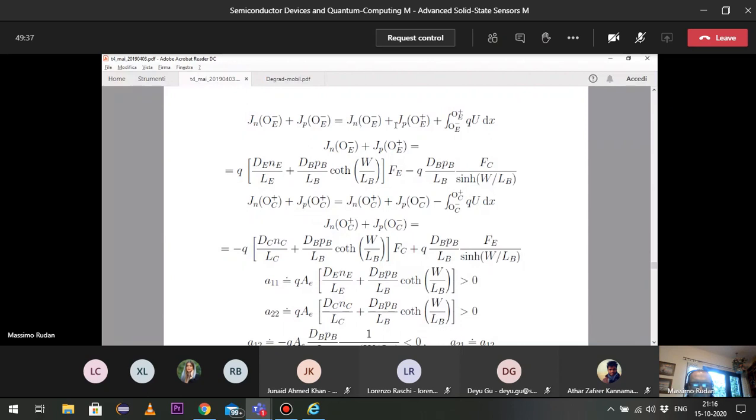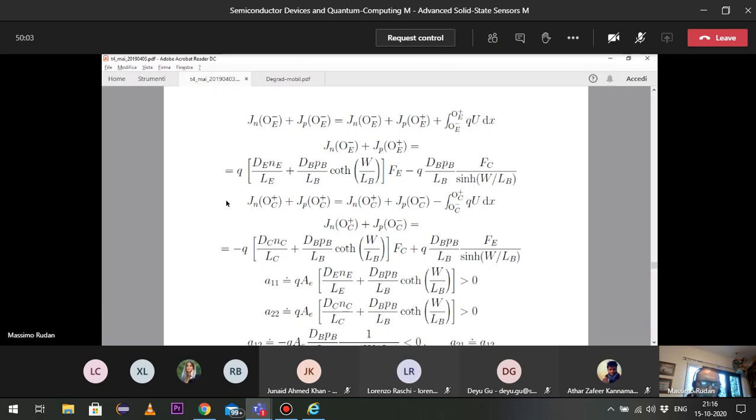We observe that we have the expressions for the first two ingredients. We know Jn of 0E minus and Jp of 0E plus. We simply replace the expressions and extract F_E and F_C, okay?